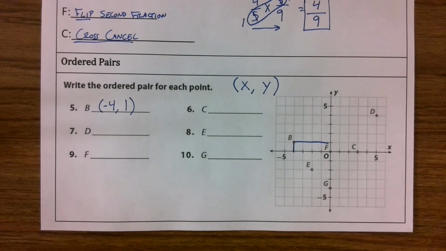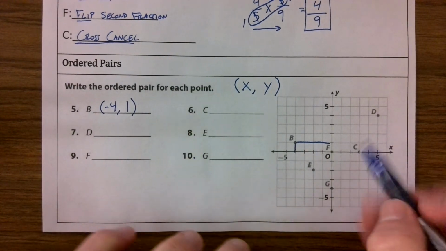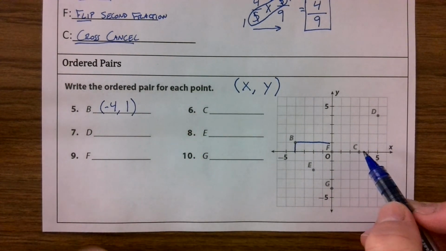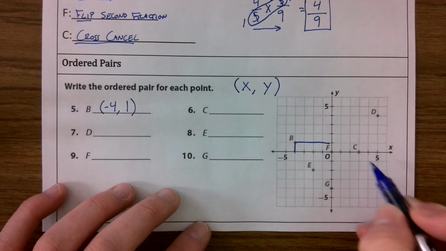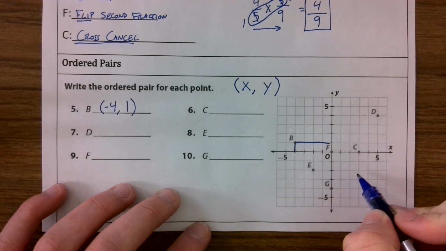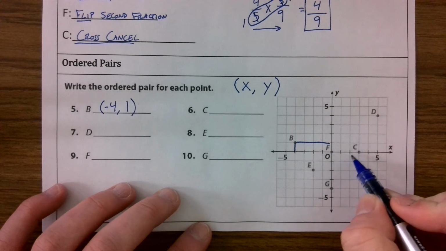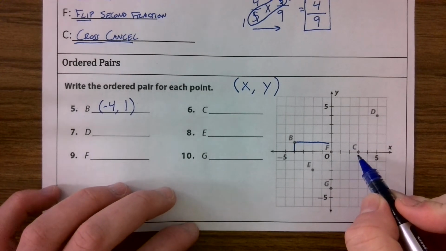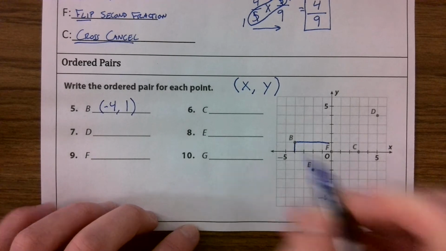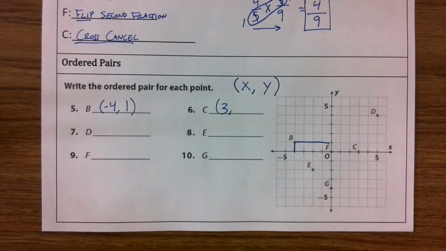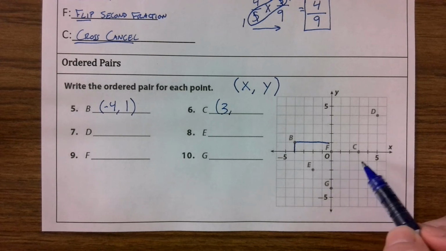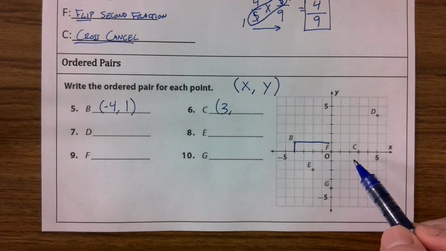All right, let's look at C. Here's C over here. C is already on the x-axis. So I just have to figure out how far away it is from 0. So that's 1, 2, 3. And it is to the right, so we have a positive 3 as our x value. And now the tricky part is the y value.